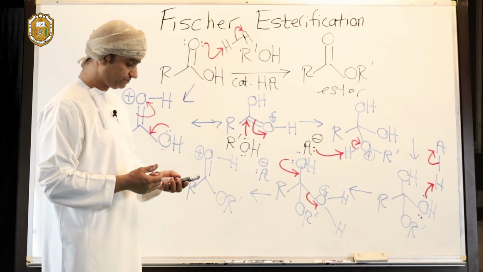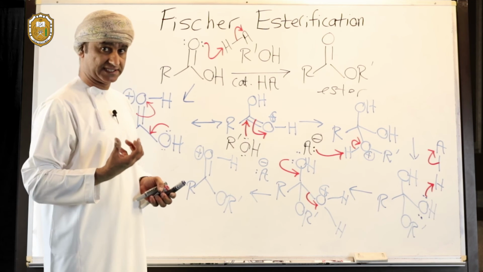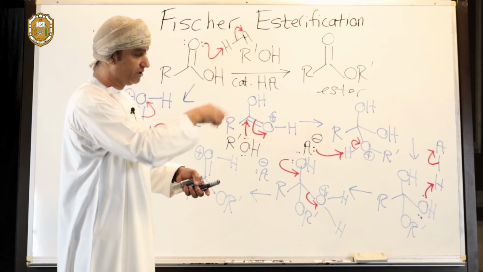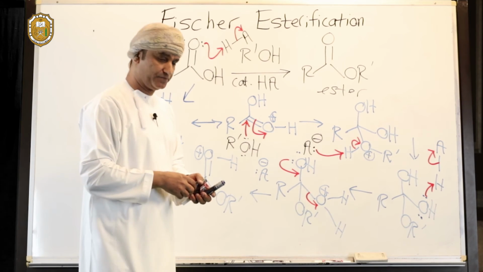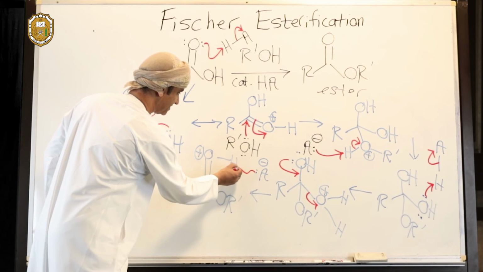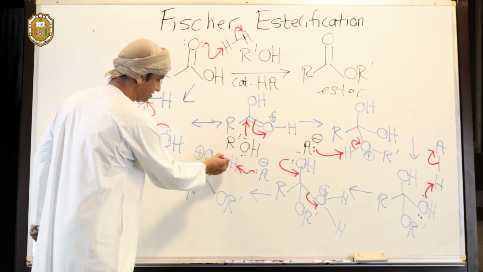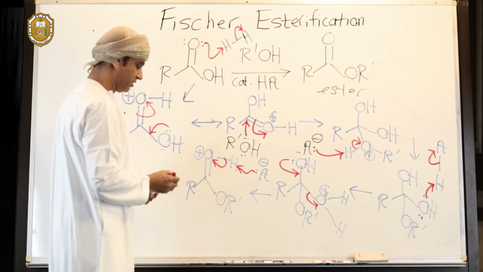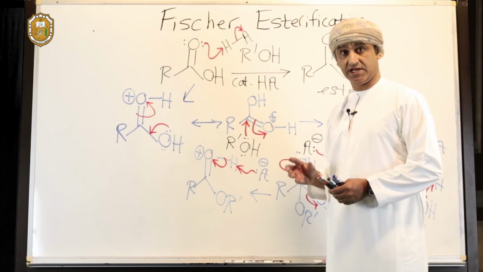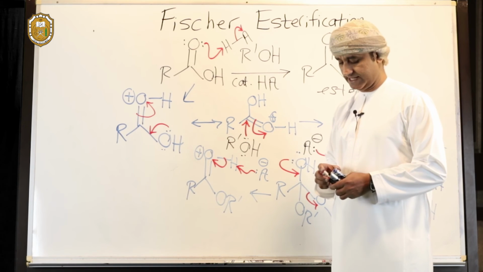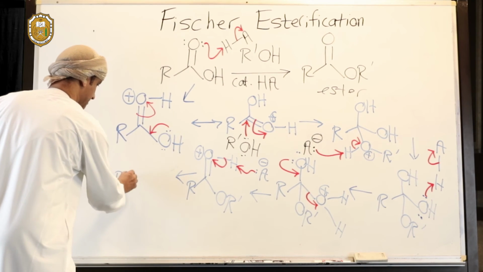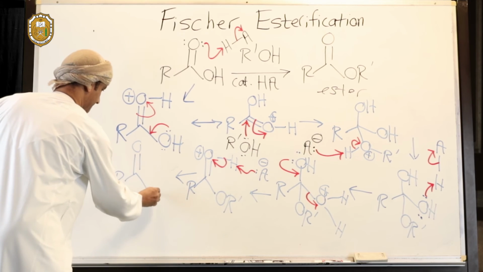If it is sulfuric acid that was used as an acid, then it is the hydrogen sulfate ion that acts as a base in this step, and in all of these steps which require deprotonation by a conjugate base. So the conjugate base then comes in, it takes off that proton, and the hydrogen-oxygen bond is broken, releasing electrons to that positively charged oxygen, furnishing the last, or the final ester product, which is obviously the one that also appears in the general scheme.